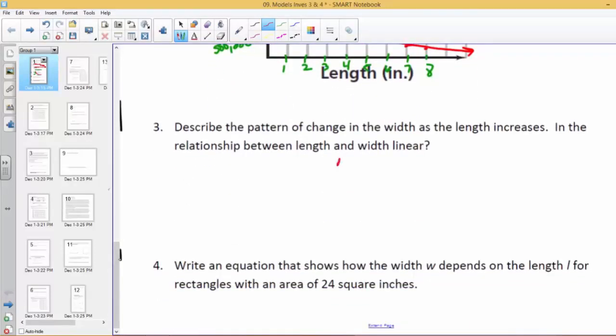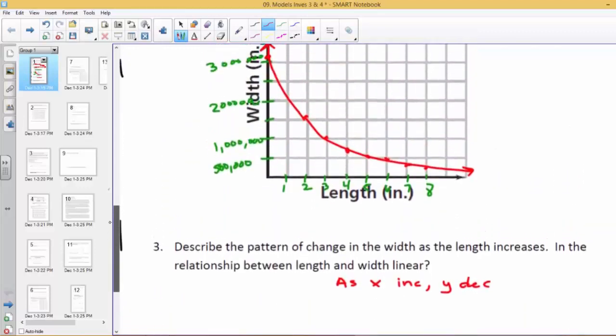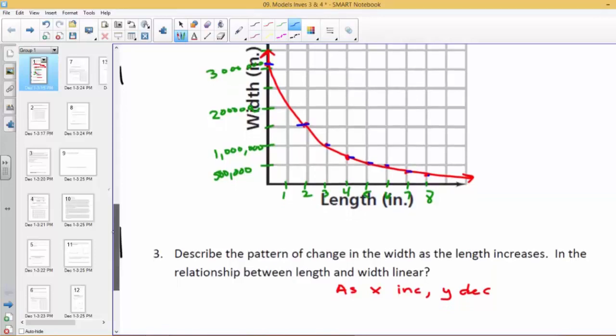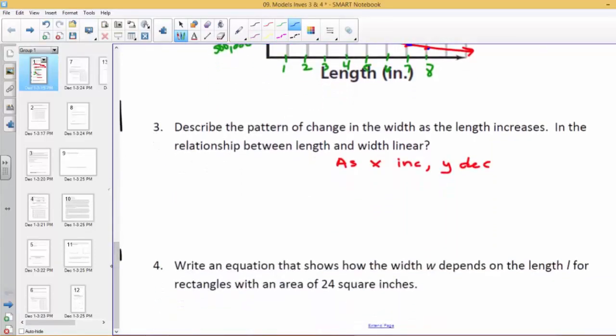So as x increases, y decreases, and if you look at the graph, the very first chunk is the steepest part. Then it's getting flatter and flatter until there's not much change at all. So as x increases, y decreases less and less. And that's how we know it's an inverse.